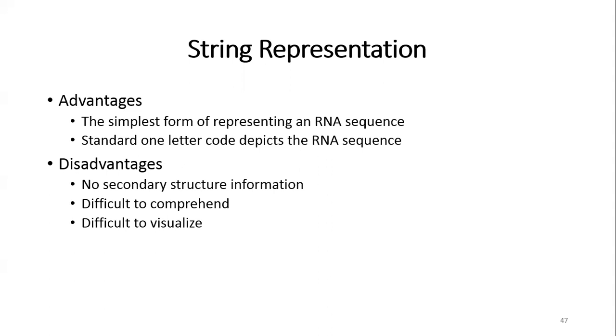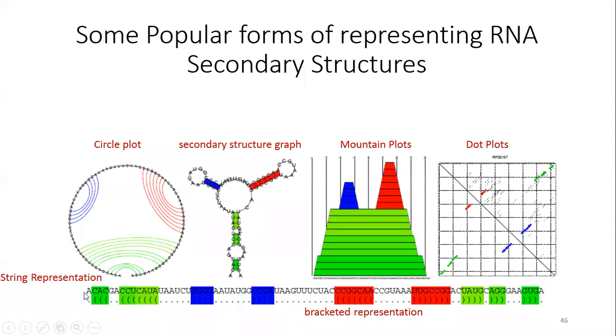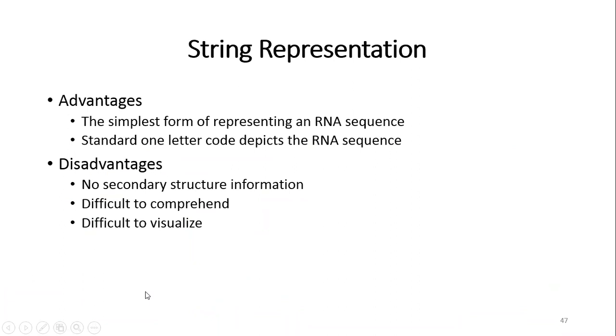The disadvantage in such a case is that there is no secondary structure information. If you represent your RNA only in such a string representation, you really don't know where the secondary structures are and how the base pairing is happening in this RNA. So it is very difficult to comprehend and very difficult to visualize as well.